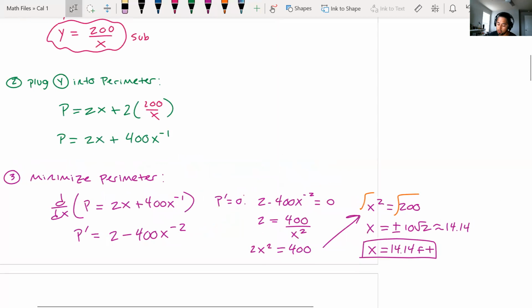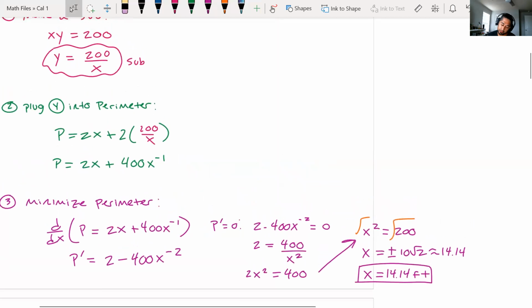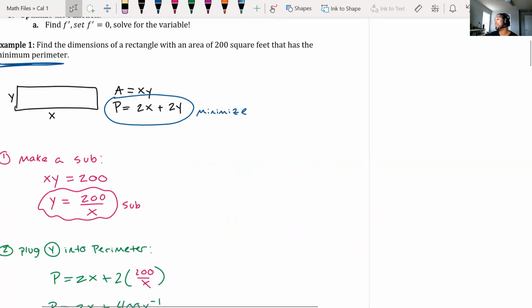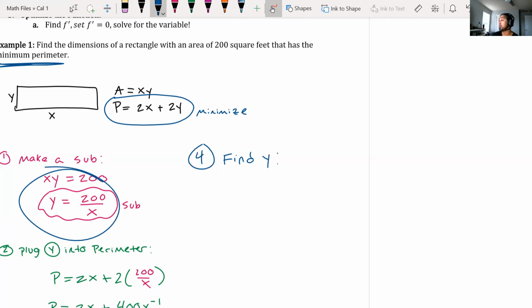And now all we have to do is solve for y. So that'll be step 4, because in the problem, we're looking for the dimensions that could minimize this perimeter. So this means step 4, find y. And we're just going to use the substitution we made on the left side.